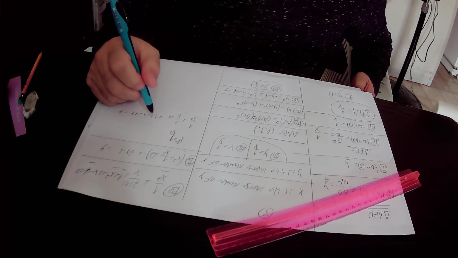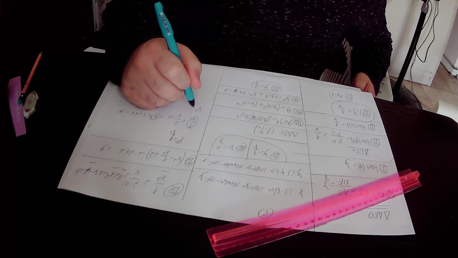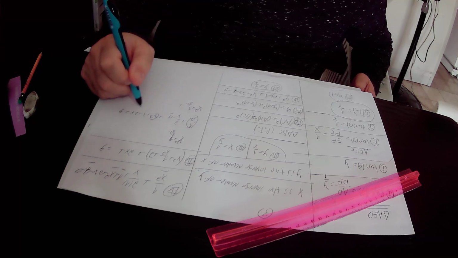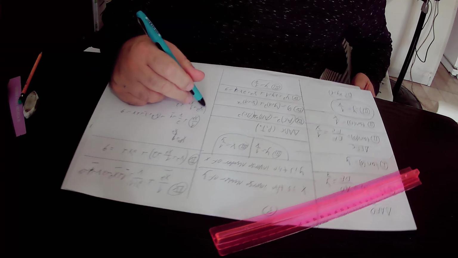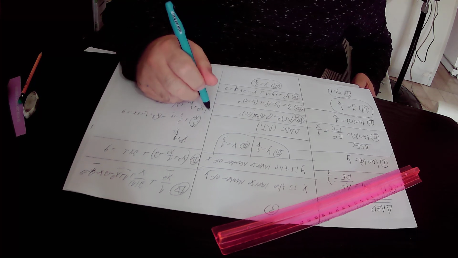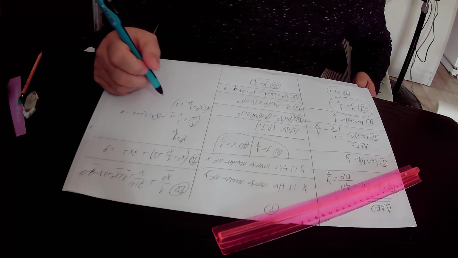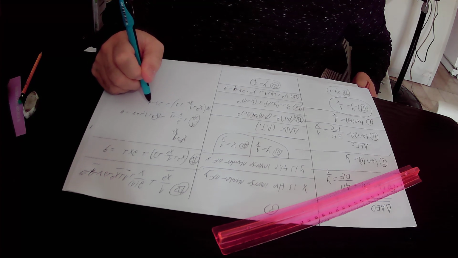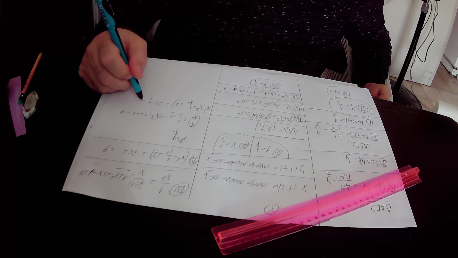So here we have x squared plus 1 over x squared plus 2, according to equation number 4, plus 2x plus 2 over x, that equals 9.